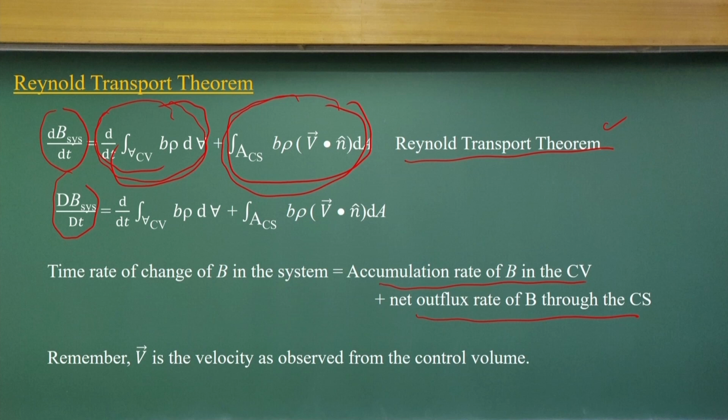So, if you look at dB_system by dt, we can have these systems define it. As a summary, I can say that the time rate of change of B in the system is equal to the accumulation rate of the B value in the control volume plus the net outflux of B through the control surface. So, remember the velocity you observe at the control volume level.